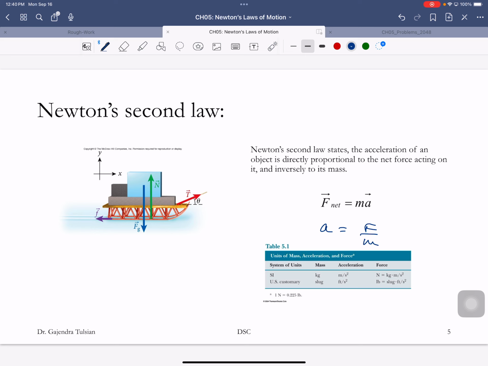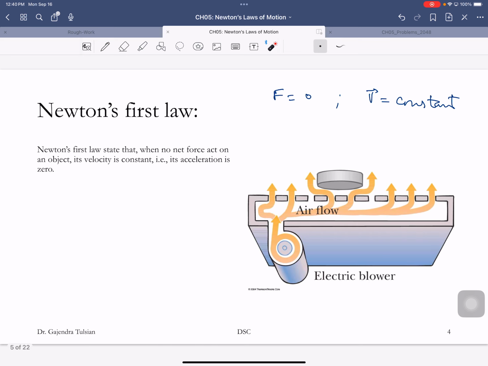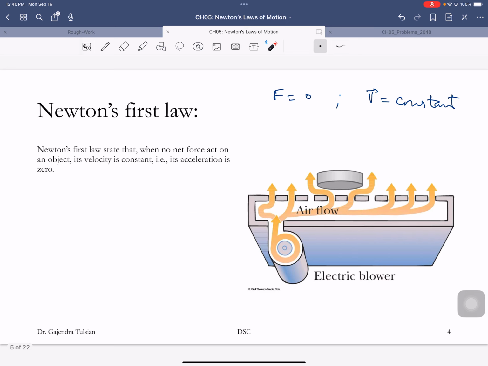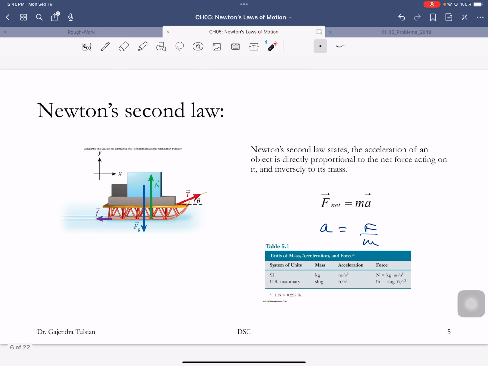Of course, now you can see that Newton's first law is a special case. If the force is zero, acceleration is zero, and velocity is constant. So Newton's second law states what happens when you apply a force on an object: the object accelerates.